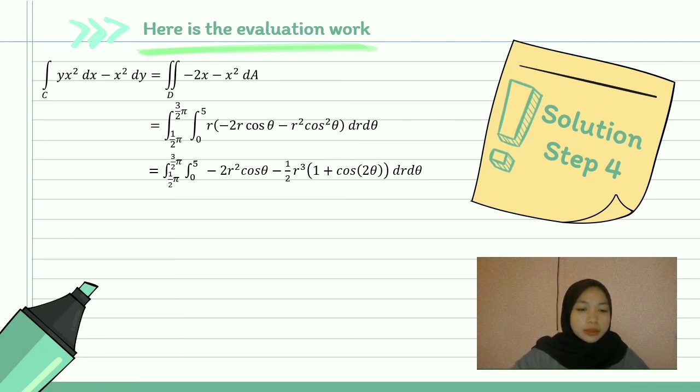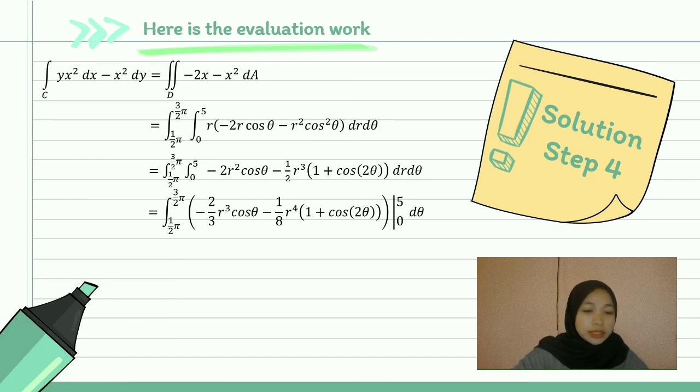So we integrate with respect to r from 0 to root 5, which gives negative 2/3 r cubed cos theta minus 1/8 r to the fourth bracket 1 plus cos 2 theta, with the limits 0 to root 5, d theta.